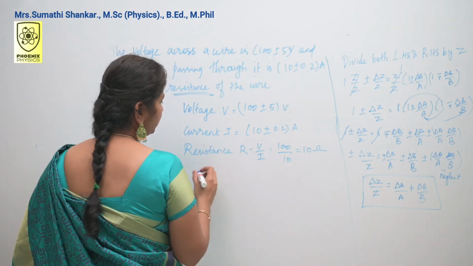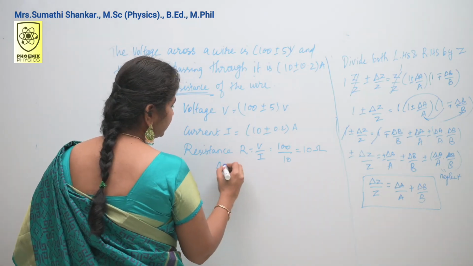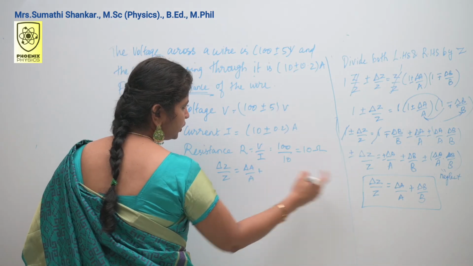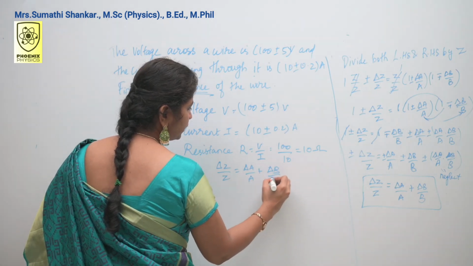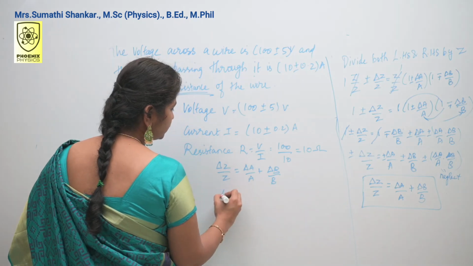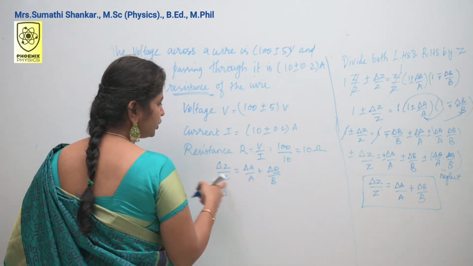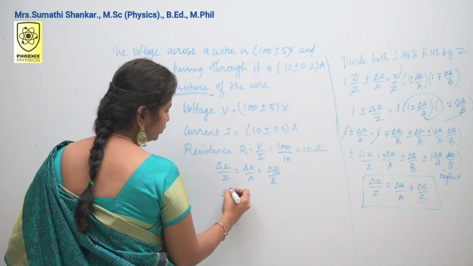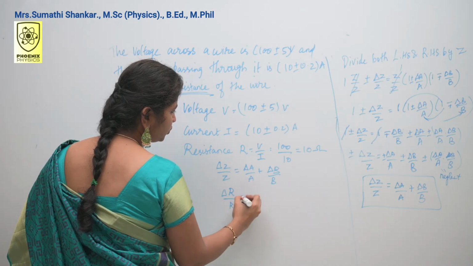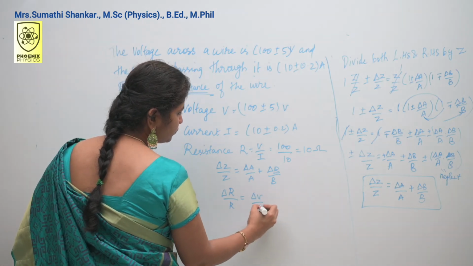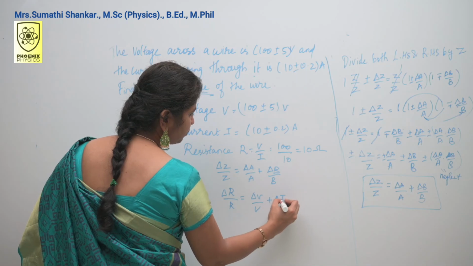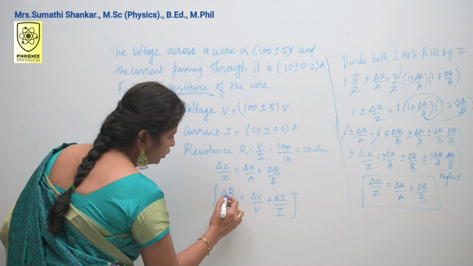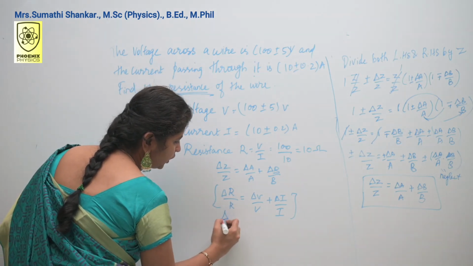So 10 ohm. Then you know the formula, delta Z by Z is equal to delta A by A plus delta B by B. Simply you write like this for resistance, this is for general error. I am going to find out the error in the resistance. So delta R by R is equal to delta V by V plus delta I by I. This is the formula. I am going to find out delta R here.